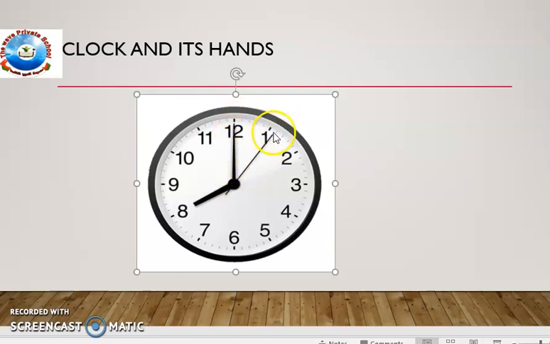It will show you how many seconds have passed. The smallest and bold one is called an hour hand, this one is called a minute hand, and this one is a second hand.